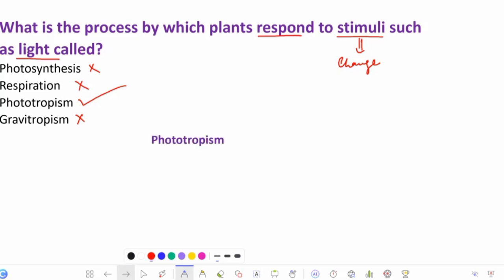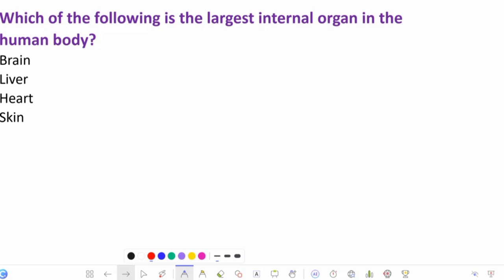Next one is, which of the following is the largest internal organ in the human body? Some people consider that it is skin, but the word internal means present inside the body. If we just said the largest organ, the correct option might be skin, but here we have the largest internal organ, which is inside the body.